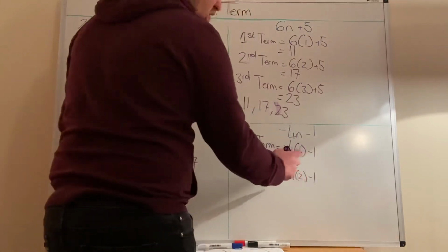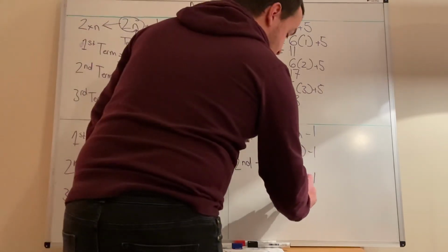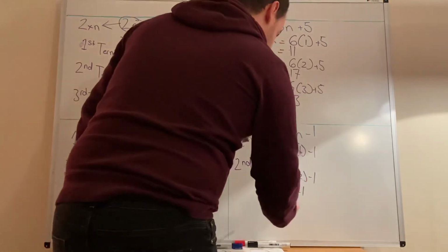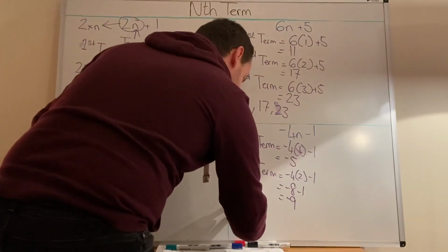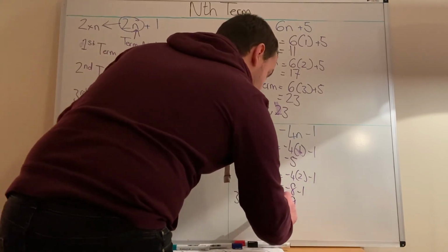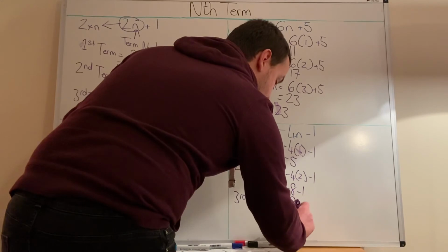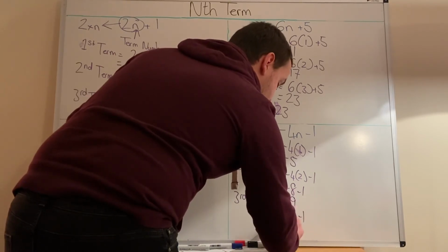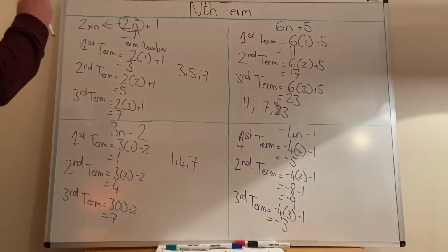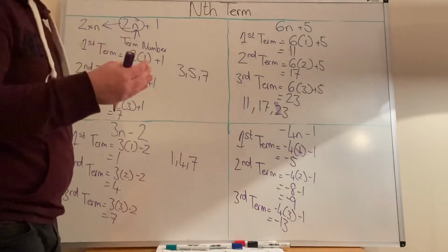So minus 4 times 2 is minus 8. Minus 1 is minus 9. And then for your third term, you have minus 4 times 3, minus 1, which is minus 13. As you can see on these, the steps never change, the numbers do.